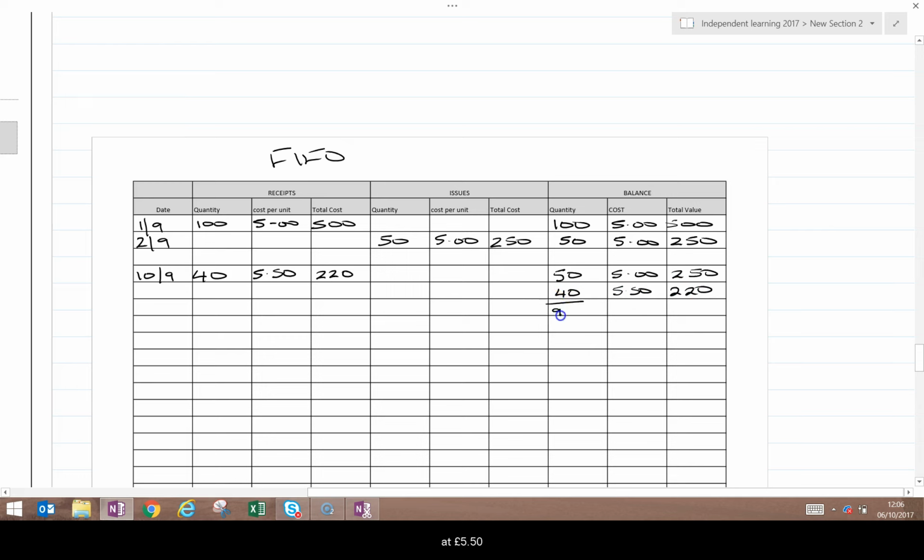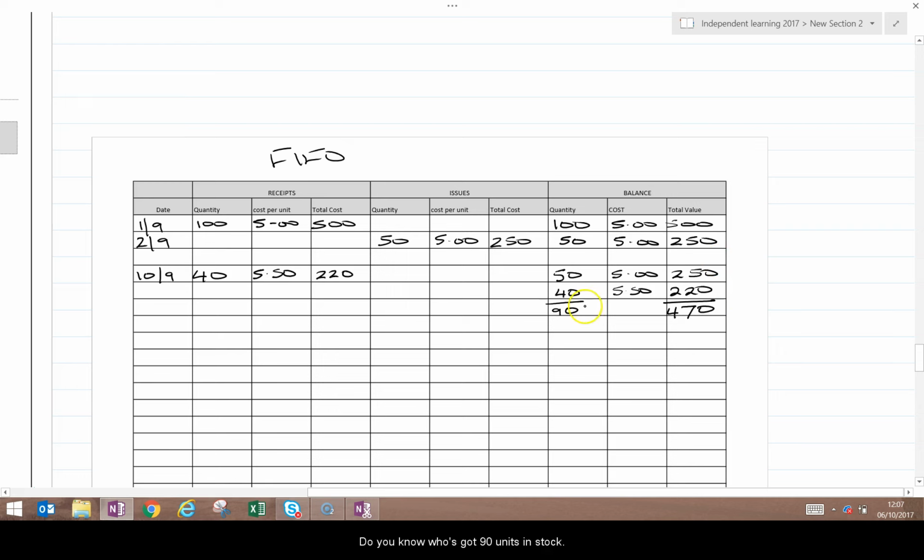So in total we have 90 at a value of £470. Now you might wonder why we do that, why we just didn't go straight to writing in the 90 at 470. It is because by showing it like this, we can see the exact breakdown of our stock.